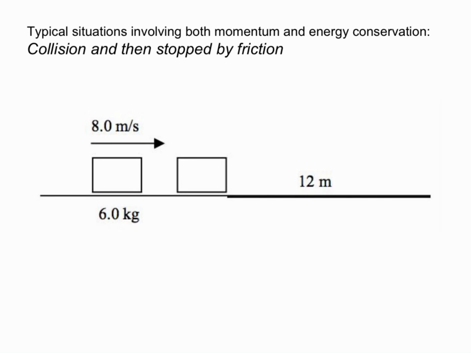Here's another situation where it looks like there's a block that's sliding into another block, and then there is a section here along the floor where it is rough, where there's a change to that surface. And so maybe there's some friction, there's work maybe being done by friction.